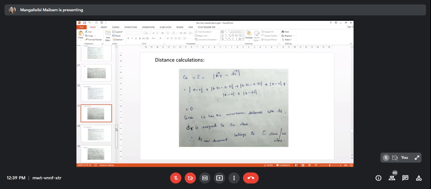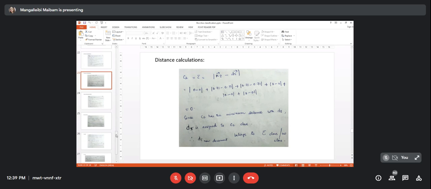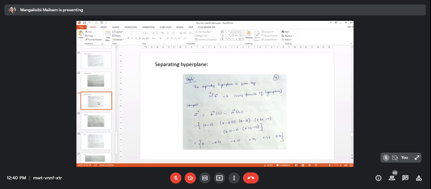After that, we have to find the hyperplane which separates the China class and the not China class. To calculate the hyperplane, we need this formula: W vector dot x vector compared to b. The W vector is calculated using the difference between the two centroid values.